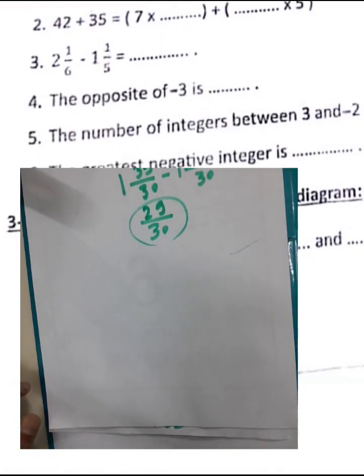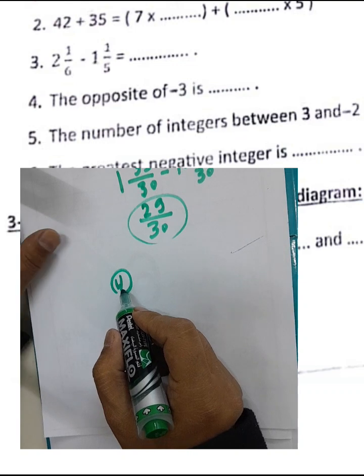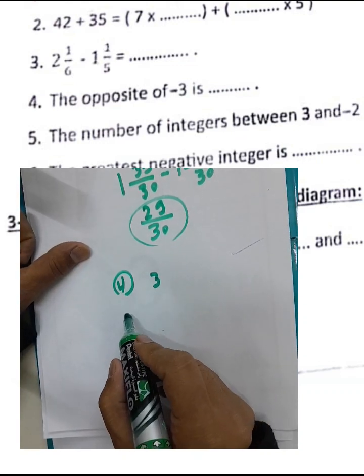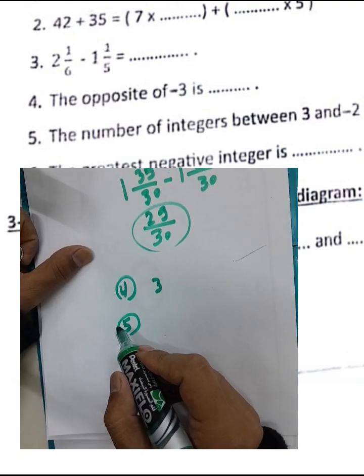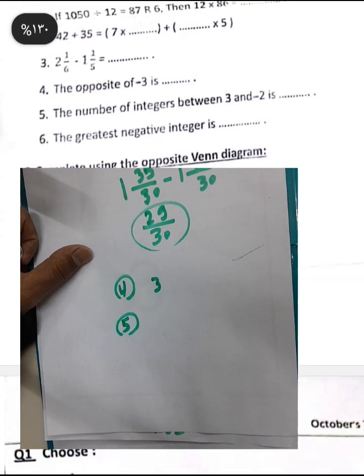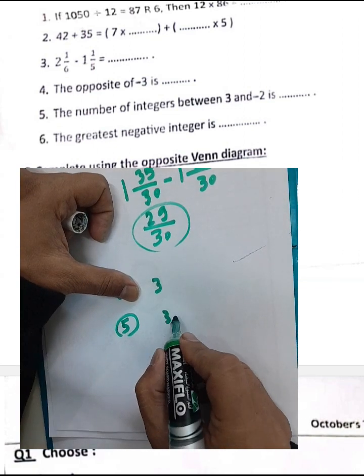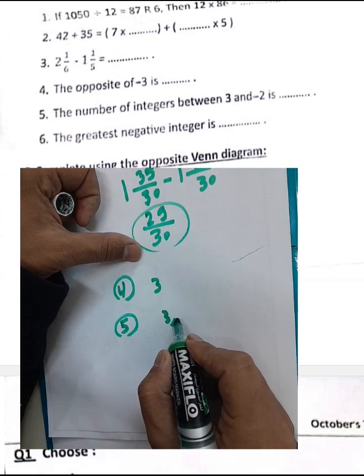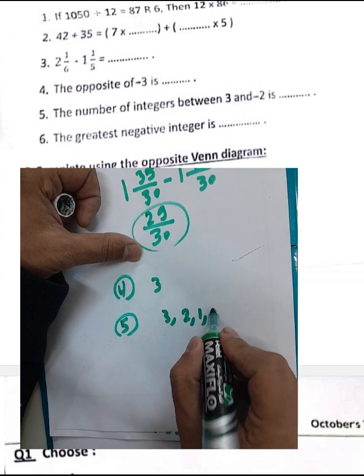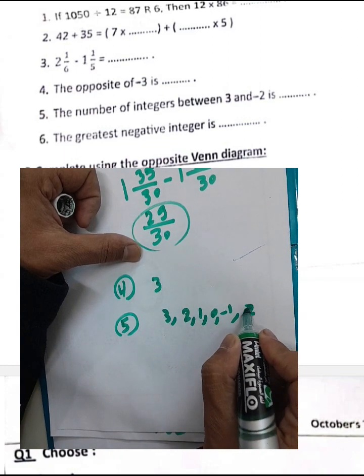Question number 4. The opposite of negative 3 will be 3. Question 5. The number of integers between 3 and negative 2, you want to find the number of integers. We have here 3. Count with me from 3 to negative 2: 2, 1, 0, negative 1, and negative 2.